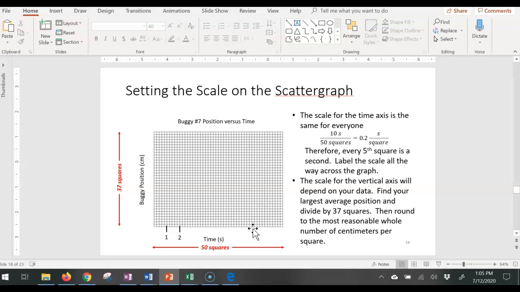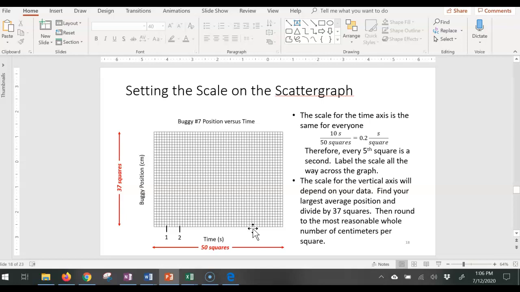Since there are 50 squares along this length of the page, if you divide the 10 seconds of data by the 50 squares, we see that each square is going to represent 0.2 seconds. In other words, every 5 squares is 1 second. And so you want to count over 5 squares and label it 1, count 5 more and label that 2, and so on, going across the graph all the way to 10.